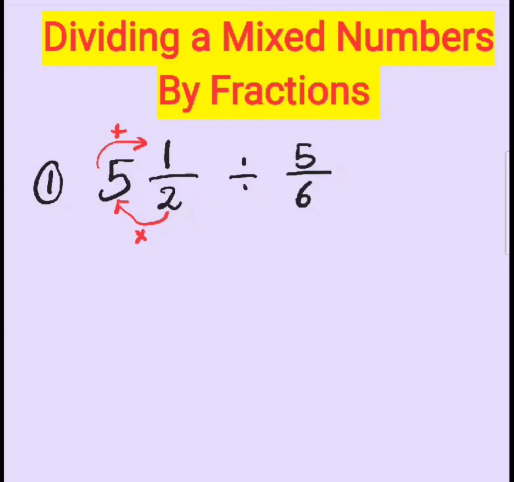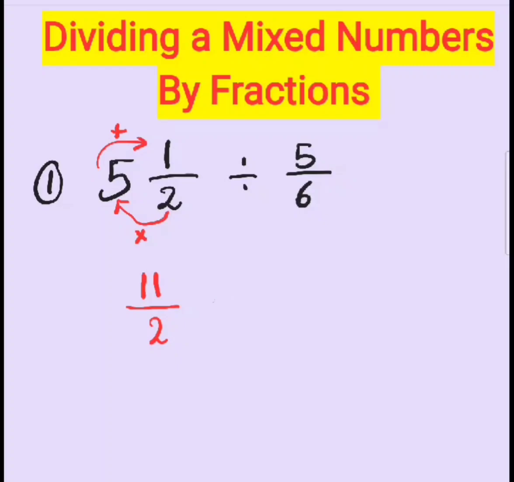We need to multiply and then add. So 2 times 5 is 10, plus 1, 11. Keep our denominator of 2 the same. So 11 over 2 is 5½ as an improper fraction.